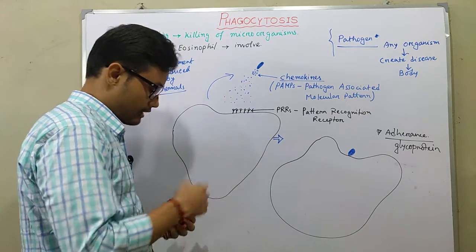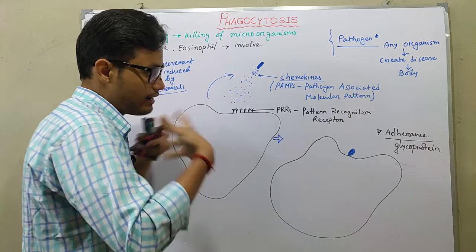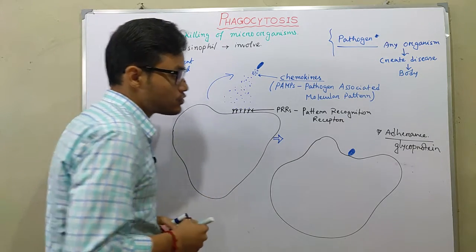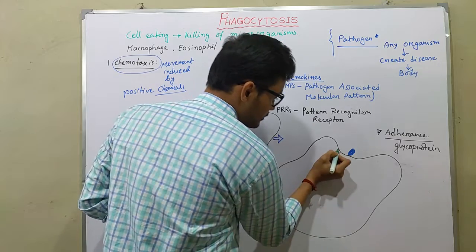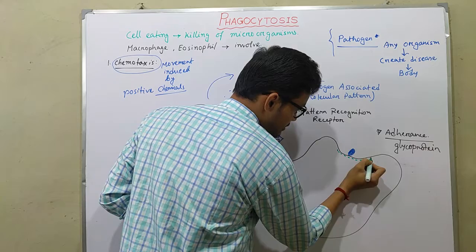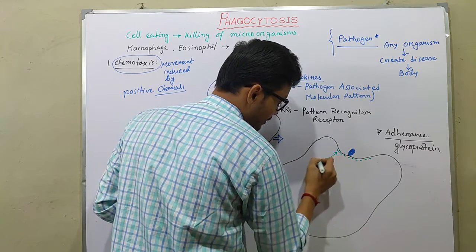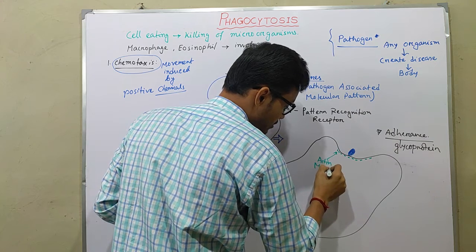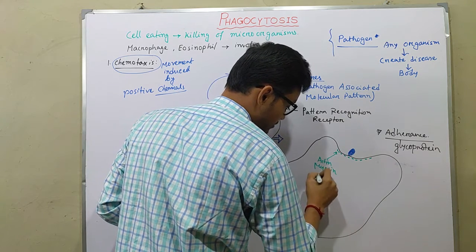After adherence, the process of ingestion takes place. In the case of ingestion some proteins come into play, and those proteins are ATP, actins, myosins and clathrins.